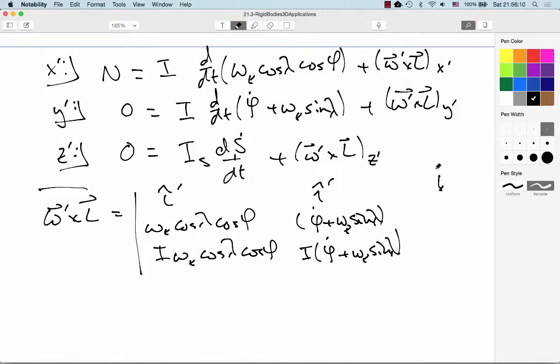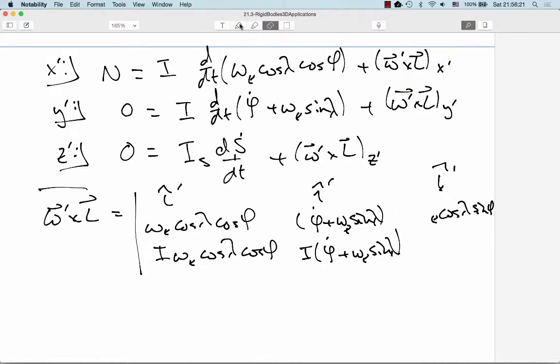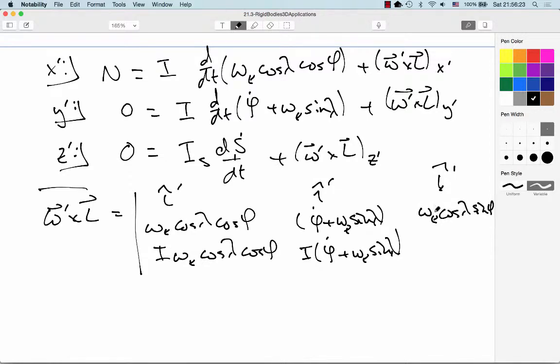And then for our k prime component, omega E cos lambda sine phi, and I_s s. And we finish taking our determinant.